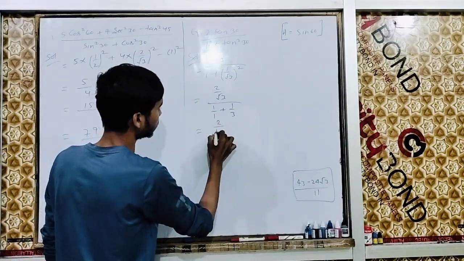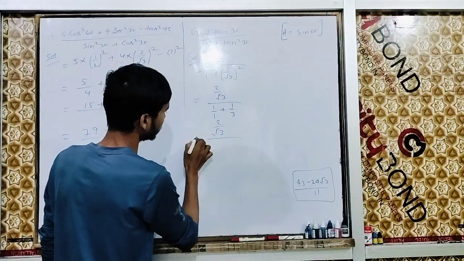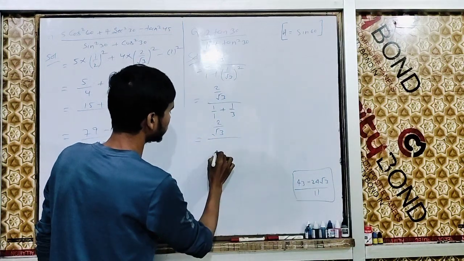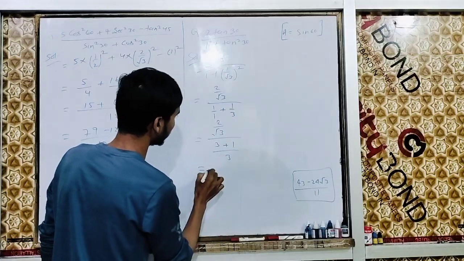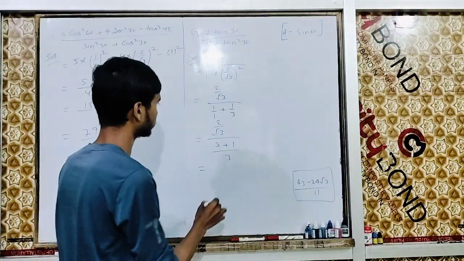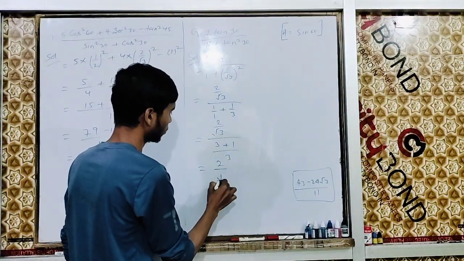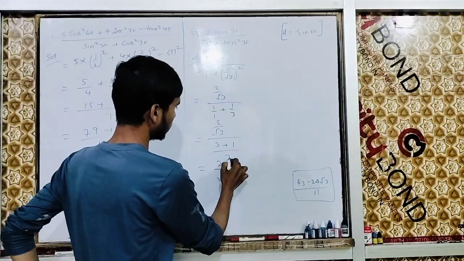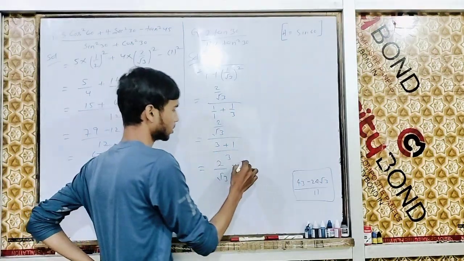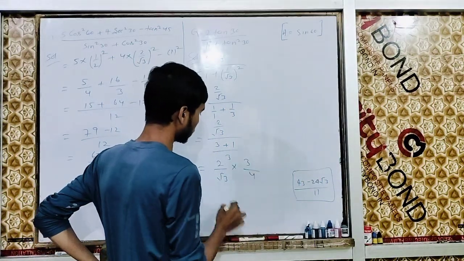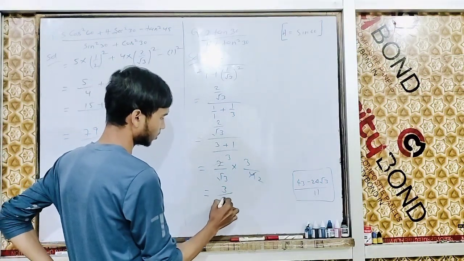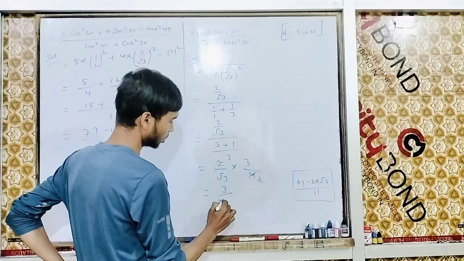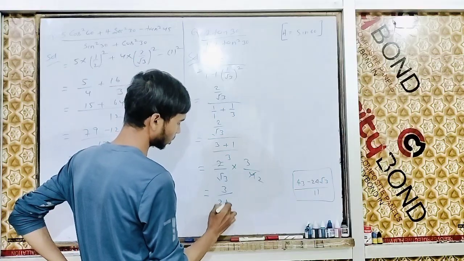So 2 upon root 3, and this 3 will come upward and this 4 will come down. 2 2s are 4. So finally we have 3 upon 2 into root 3.